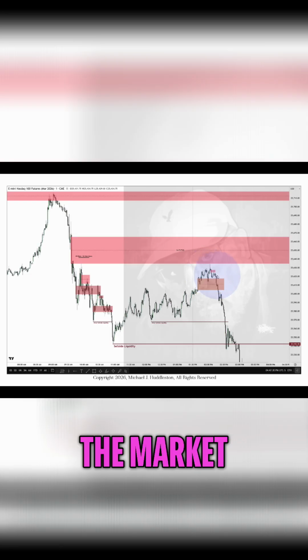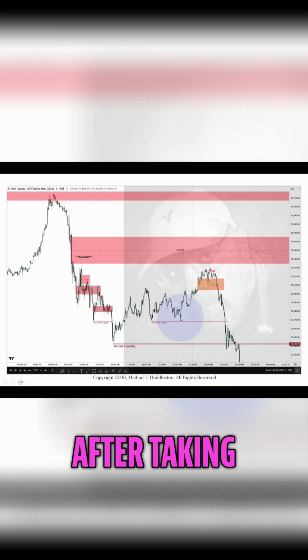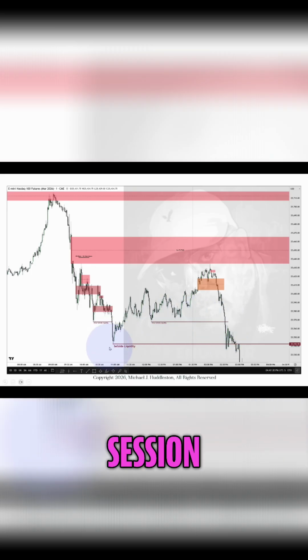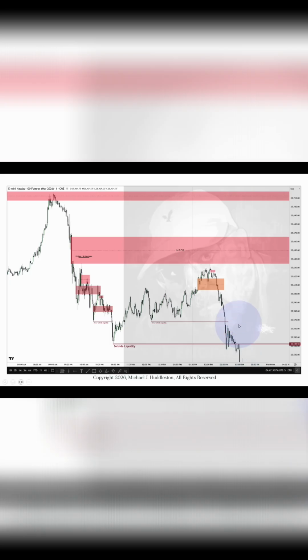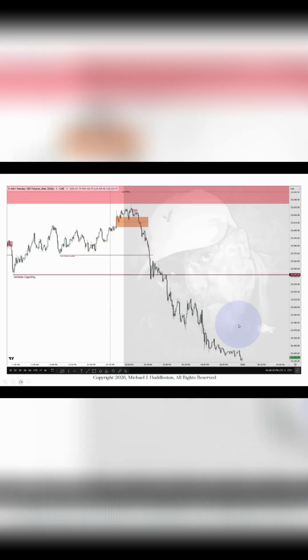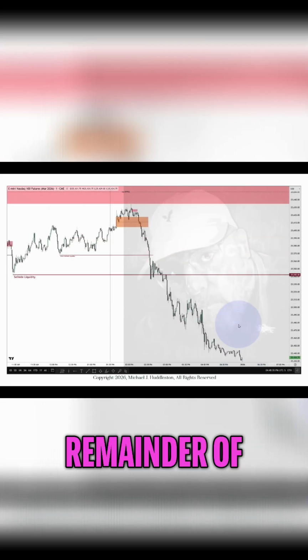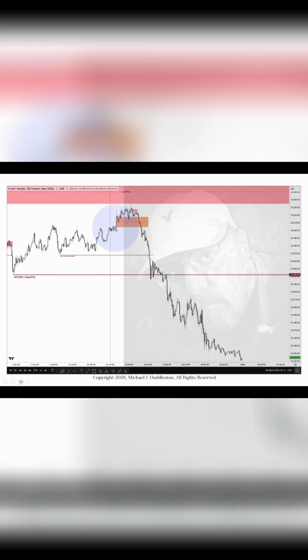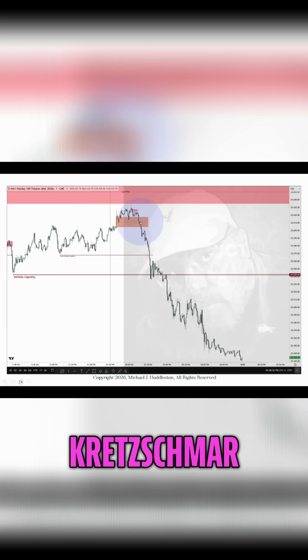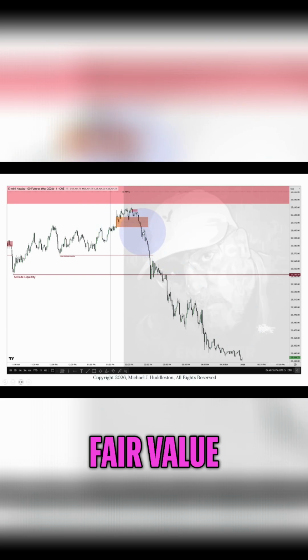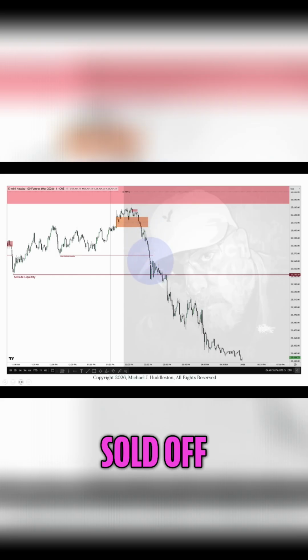So the market drops aggressively after taking that low out and then clears the AM session regular trading hours low and just dives lower. Moving forward in the remainder of the day, you can see inversion fair value gap, uses the consequent encroachment there, sells off. Fair value gap there, use that, sells off.